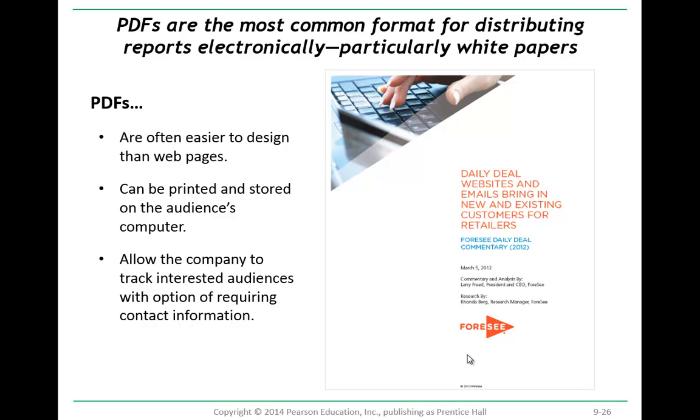Second, documents can be printed and stored on the audience's computers for future reference, and they are durable and do not disappear when a web address goes away or changes. Third, audiences can be required to submit contact information before downloading a PDF, allowing the company to track people interested in their information, and that allows for additional marketing or contacts.